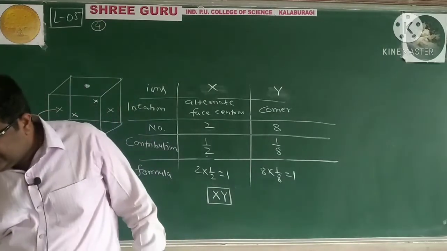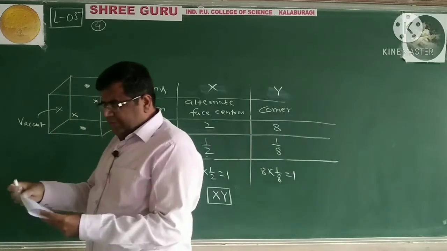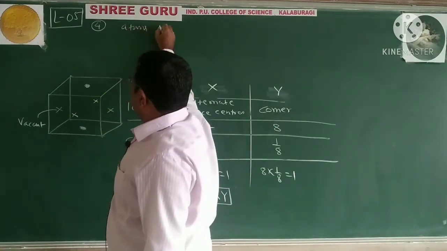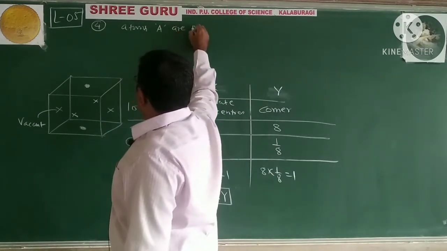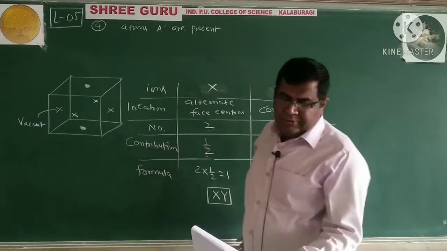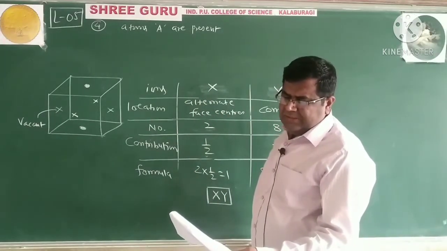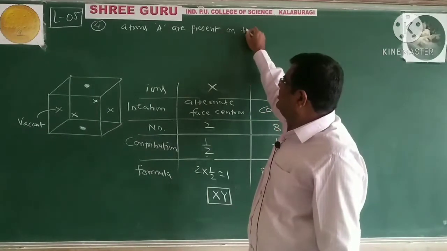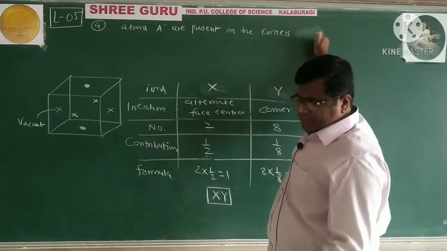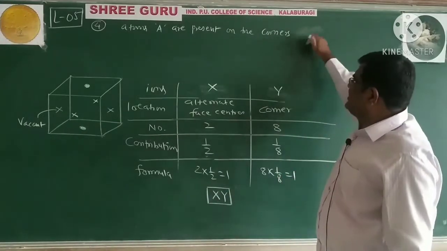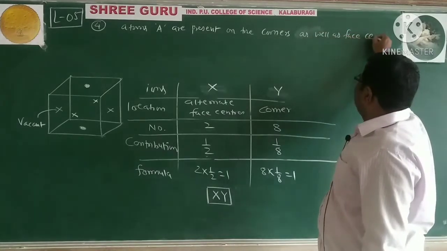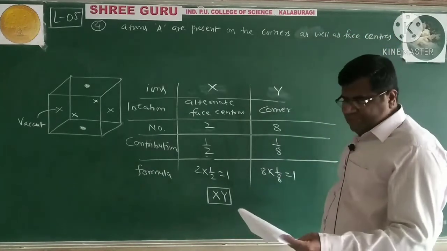The fourth question is: atoms A are present on the corners as well as face centers.